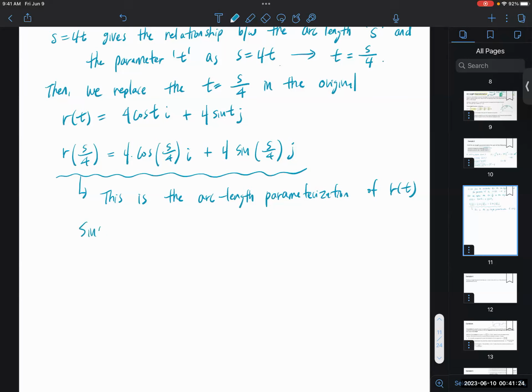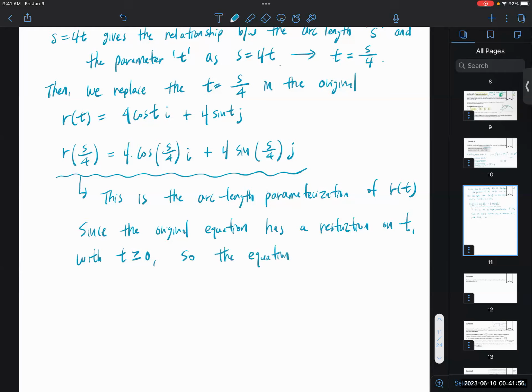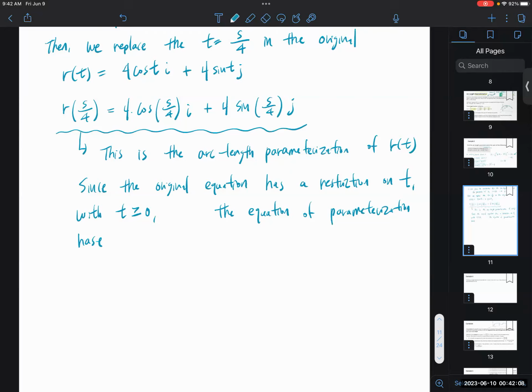Since the original equation has a restriction on t, with t greater than 0, the new equation of parameterization has less restriction to define both S and t.